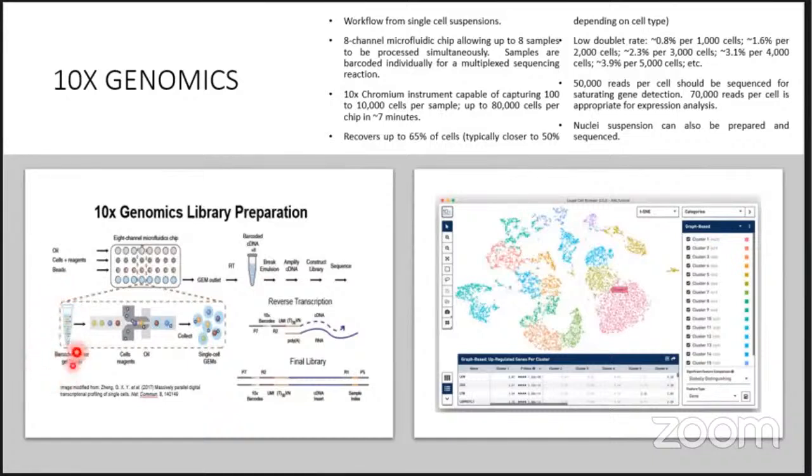This emulsion will generate a drop like this. This drop represents one cell. It has the beads, barcoded primers, your cells, and the oil. When it passes through this nozzle, it will generate drops, and in each drop we will have the cells, reagent, and the beads.